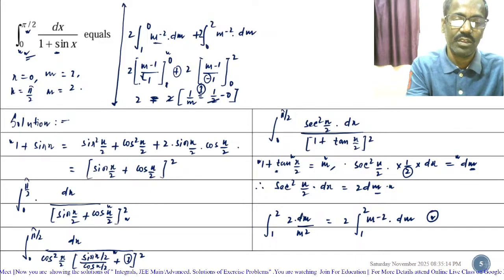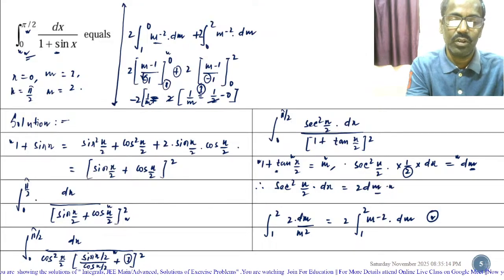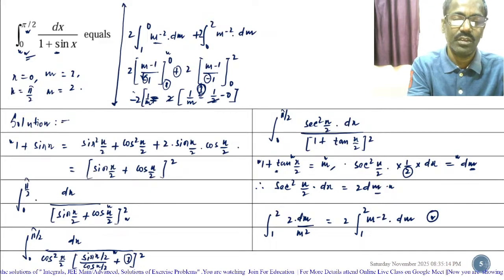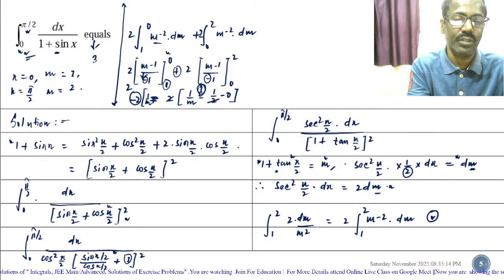See once again, for minus we write minus 2, and 1 by m. For the lower limit we write 1 by 1, that means 1, 0, so here it will be minus minus plus. So here we have 1 and here we have 2. So the value of this one will be 3.